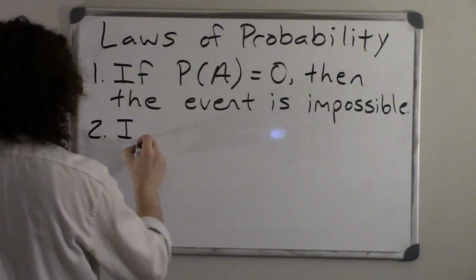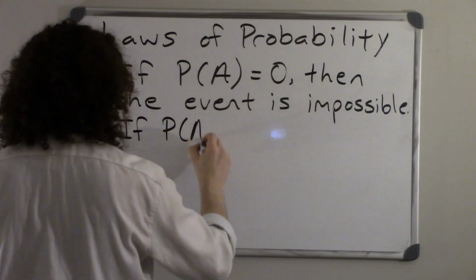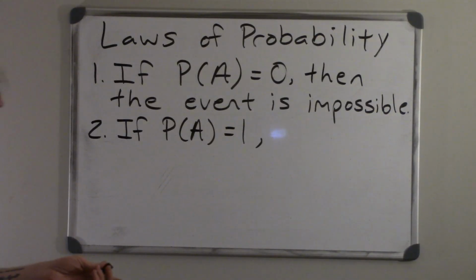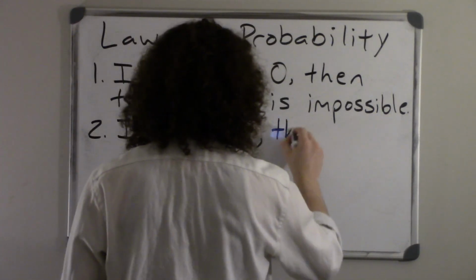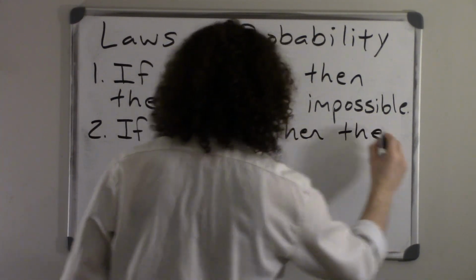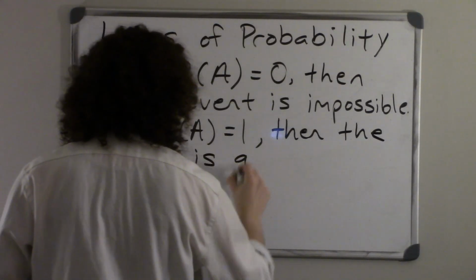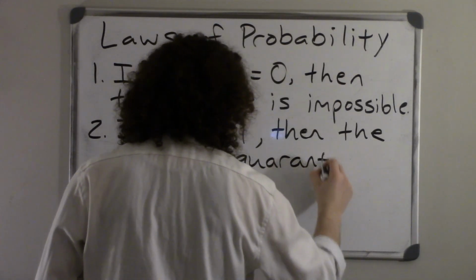All right, on a similar vein, if the probability of event A is equal to 1, then the event is guaranteed.